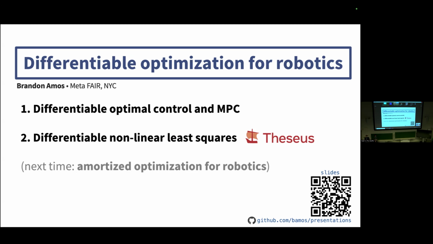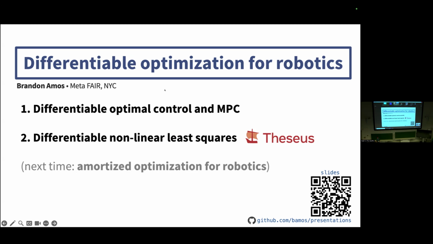Any questions for Brandon? Yeah. Hi. You said you want to talk about amortized optimization later, but you did put something. So I'll ask one question. I'm kind of confused about how amortized optimization is connected to differentiable optimization.